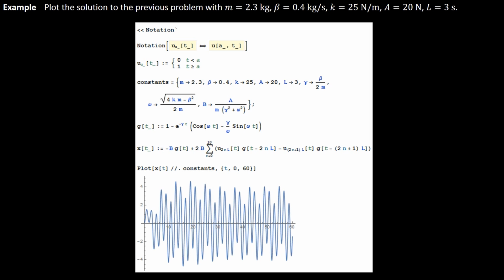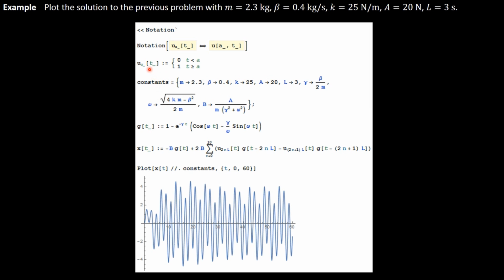So let's take mass equal to 2.3, beta equal to 0.4, k equal to 25, amplitude 20, and period or semi-period 3. And I took the liberty of writing our solution just as I wrote it on the previous slide, where I've made the necessary substitutions for our constants.